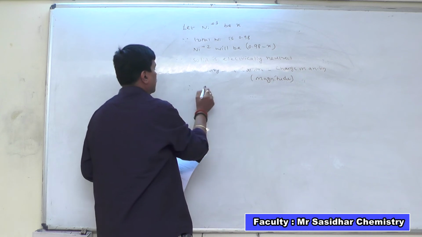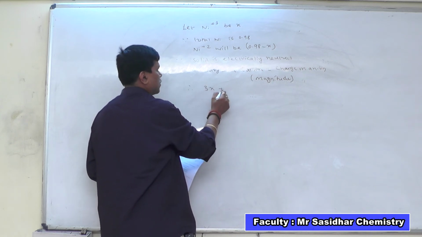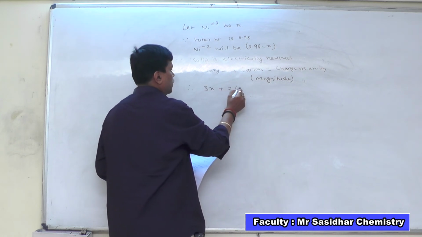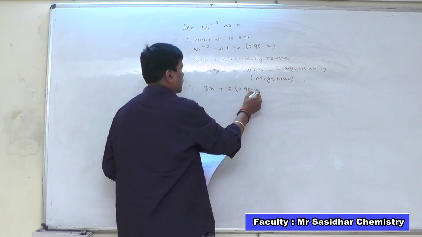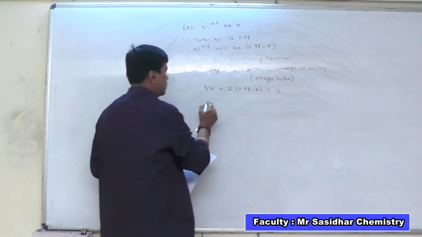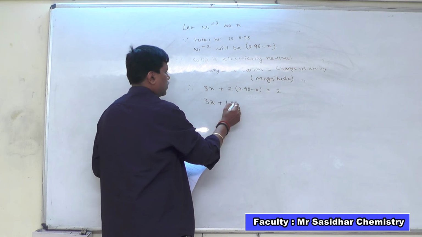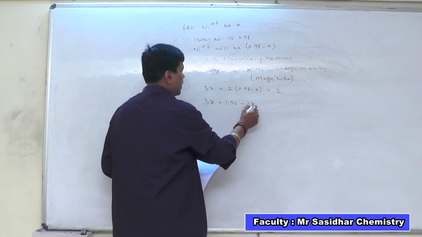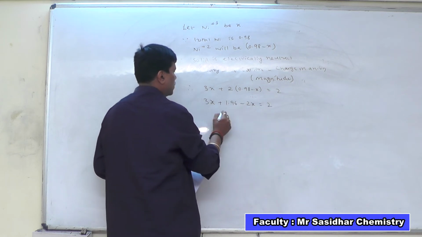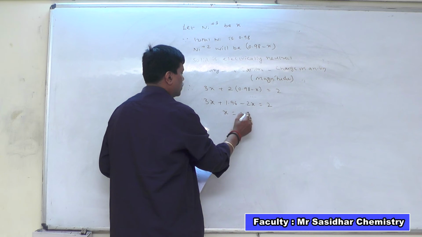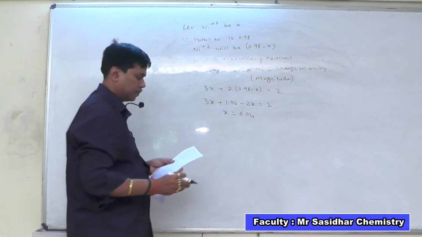Therefore, 3x plus 2 into 0.98 minus x equal to 2. So 3x plus 1.96 minus 2x equal to 2. So x equal to 0.04.